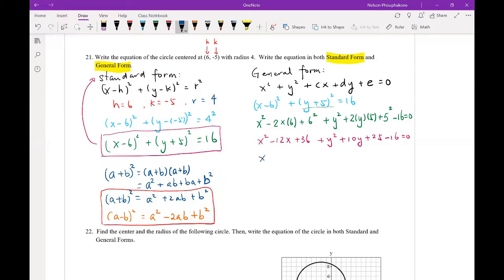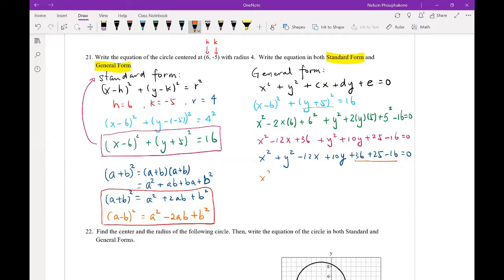So I will have x squared plus y squared minus 12x plus 10y, and now plus 36 plus 25 minus 16 equal to 0.